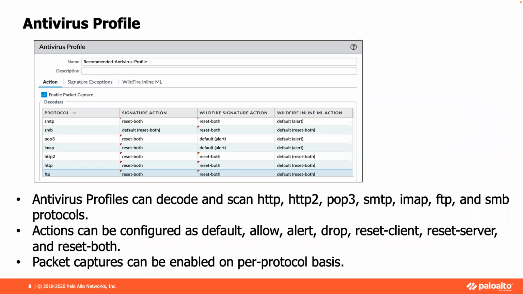So there are best practices for different traffic streams, and we're going to talk about those. But first of all, let's talk about the different protection types we have. We have antivirus. All of these, by the way, have default pre-built profiles that you can use. There may be the opportunity or the requirement that you amend these or customize these.